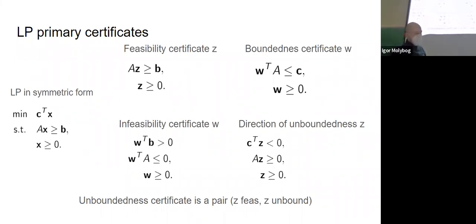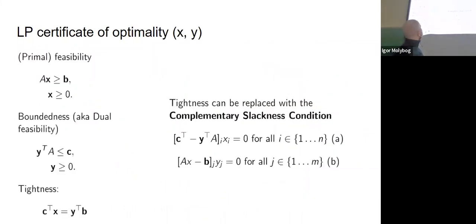So these are the LP certificates, and the duality theory is telling us that if we have found a couple of points X and Y, one is primal feasible, the other is dual feasible, and also the objective functions for the primal and the dual problems for this couple of points are equal to each other, then we have found an optimal solution to the LP problem.